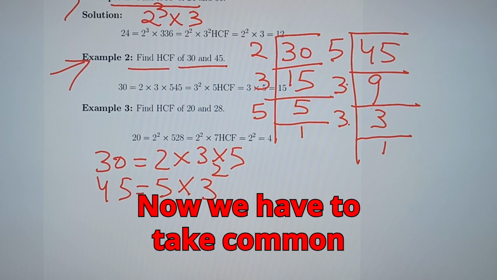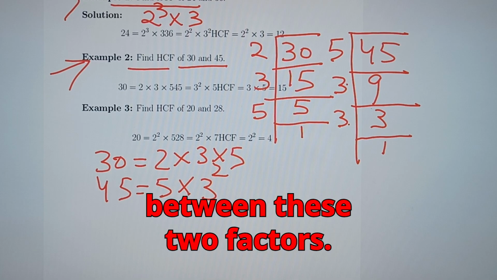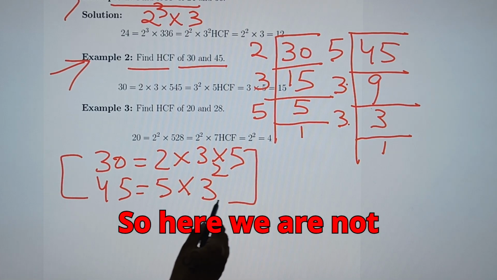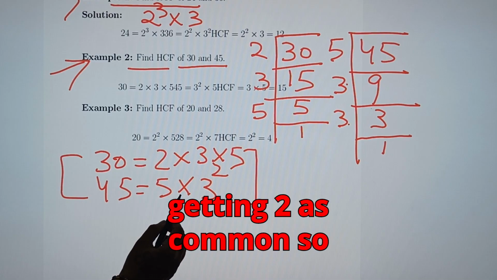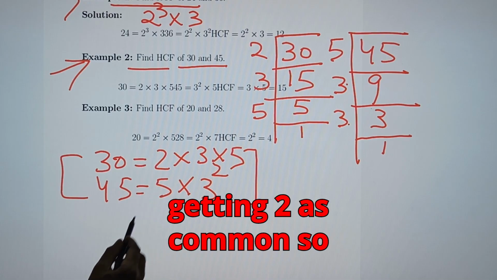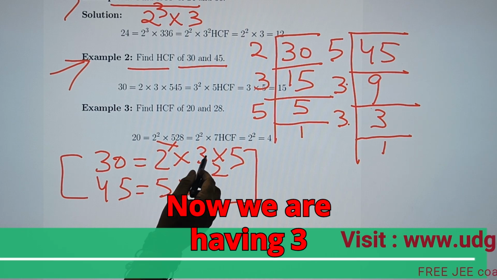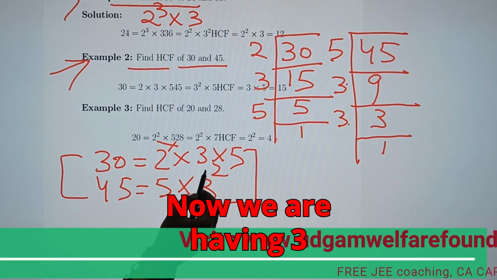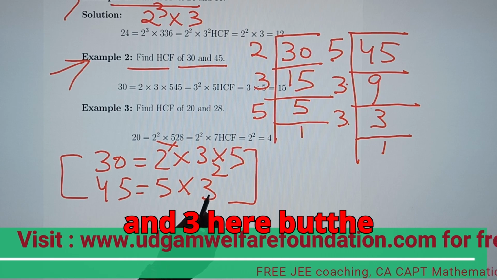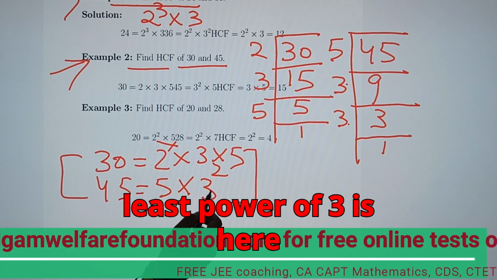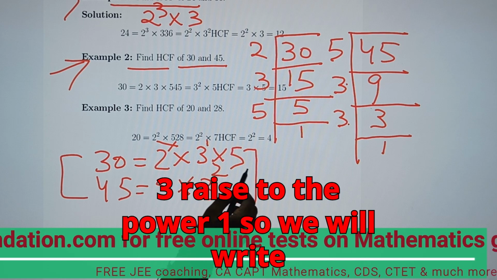Now we have to take the common factors between these two. So here we are not getting 2 as common, so we are going to ignore 2. Now we have 3 and 3 here, but the least power of 3 is 3 raised to the power 1.